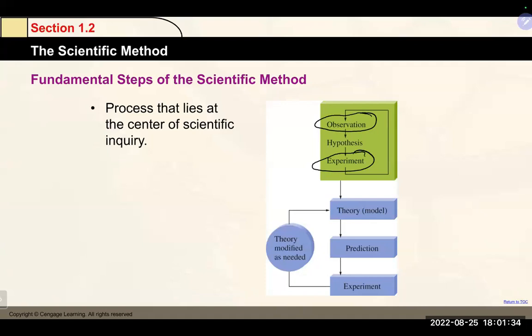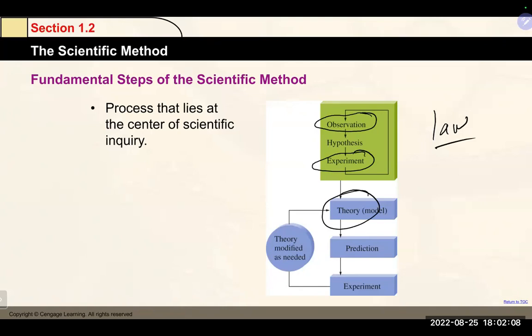And at some point, through the process of observations, maybe revising some hypotheses, more experimentation and stuff like that, a couple of things can come out of that. You could end up with perhaps a theory. You could also end up with perhaps a law. And there is a difference between those two. A theory is really a model for explaining what you're observing.